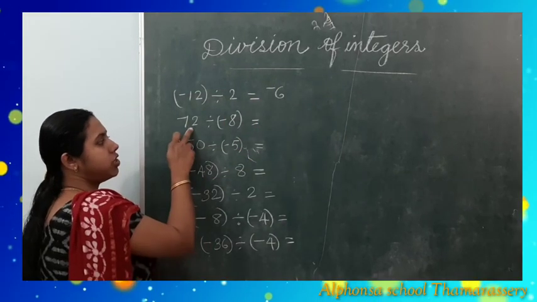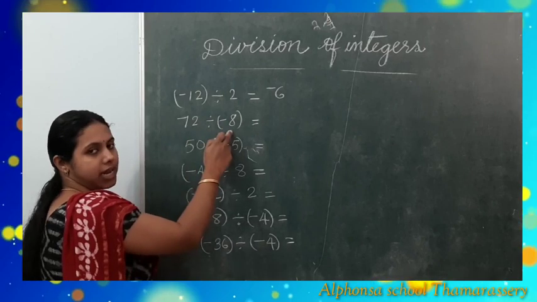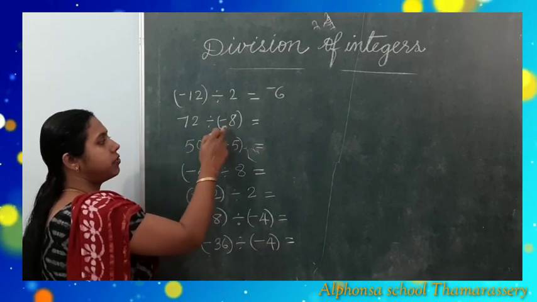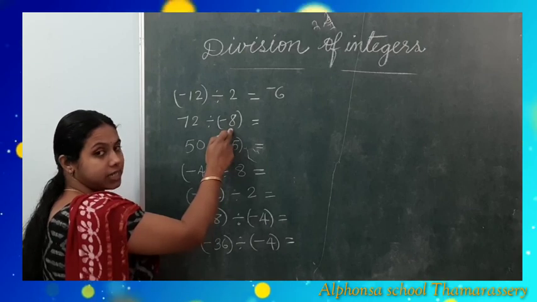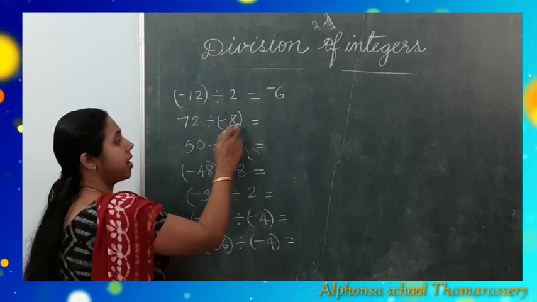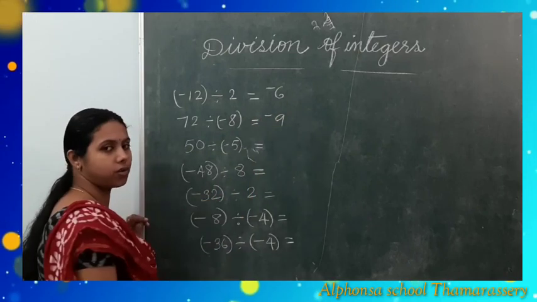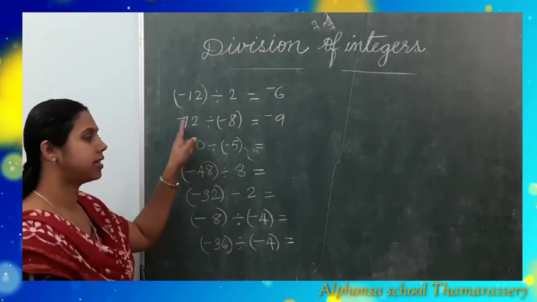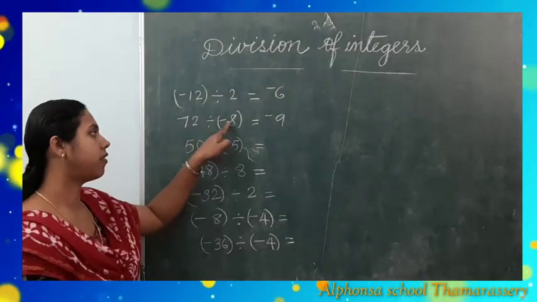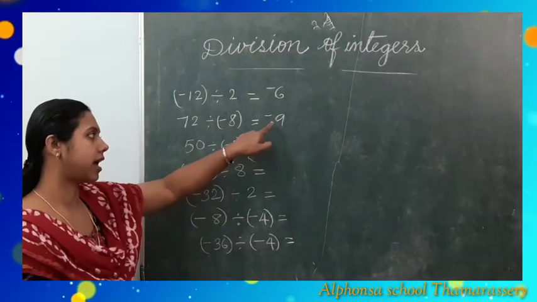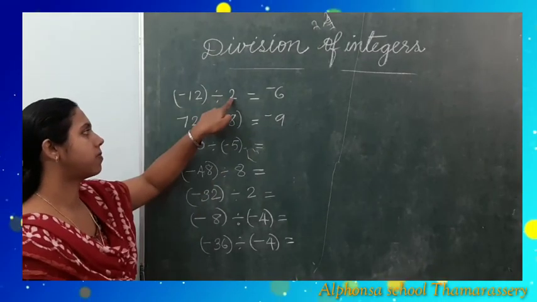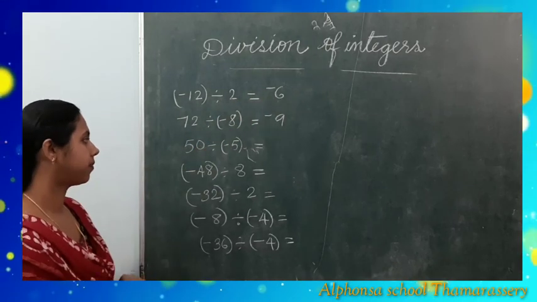Next question, 72 divided by minus 8. 72 by 8, 8 nines are 72. So 72 divided by 8 is 9. Put a negative sign before the quotient because both the signs are different. Positive divided by negative is negative. Negative divided by positive is negative.